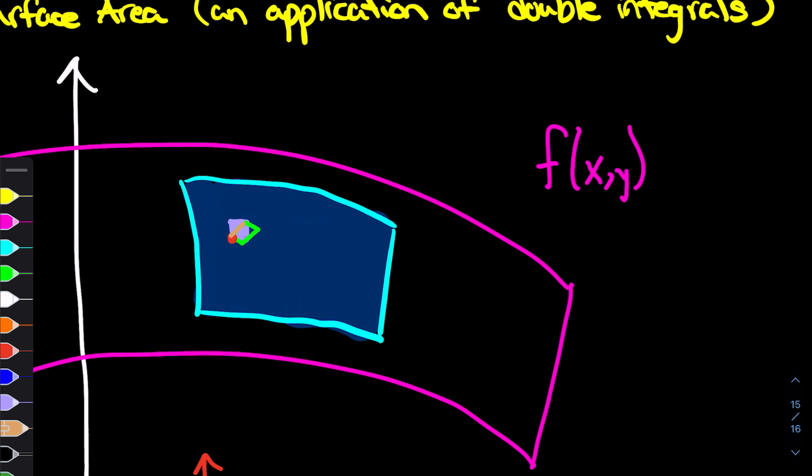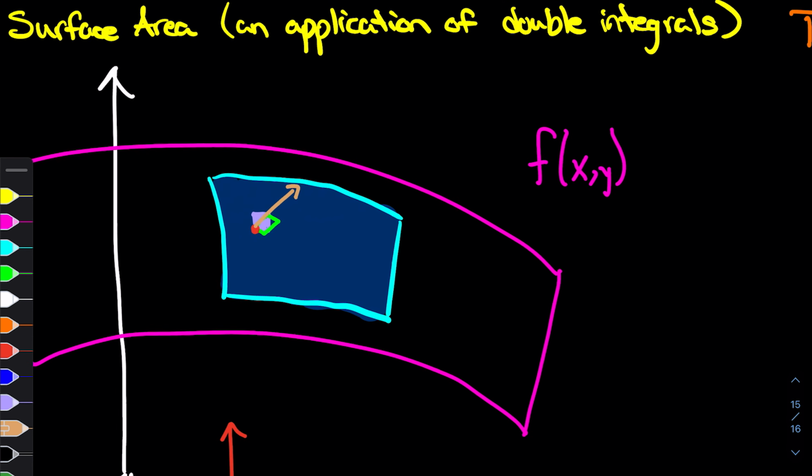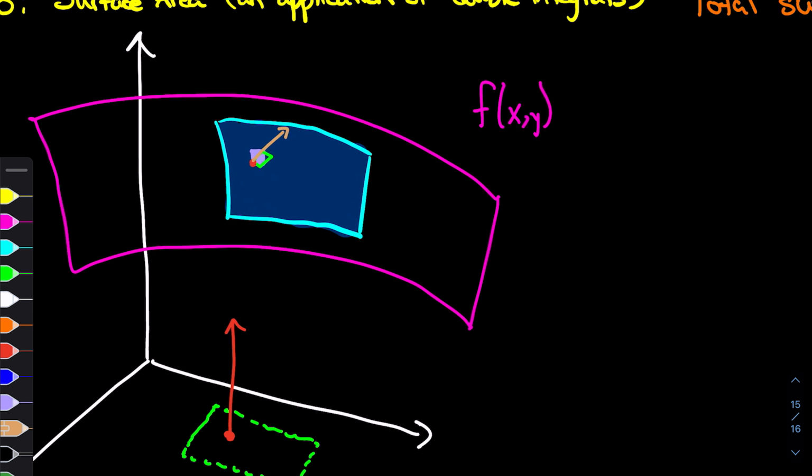I'm going to draw them a little longer than what they actually are. If they're on a microscopic level, they're only supposed to be this long, but just for illustrative purposes, we have two tangent vectors. We have one tangent vector that we get from taking the partial derivative with respect to x, and another tangent vector that we get from taking the partial derivative with respect to y.